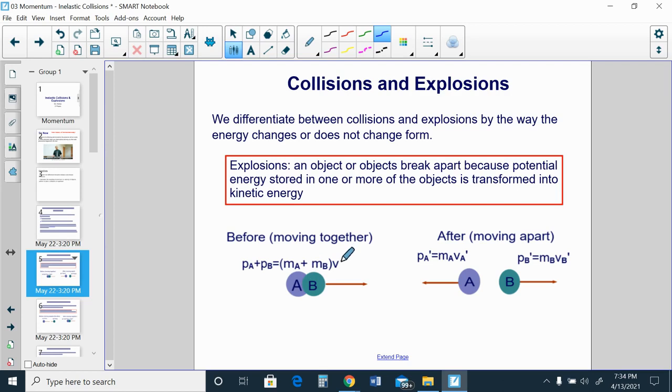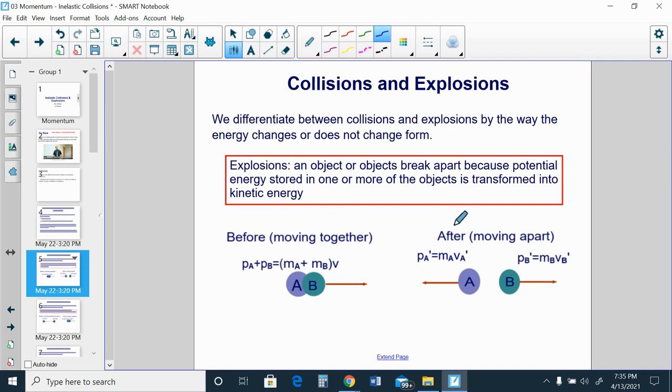So p equals mv. Individually, the momentum of A plus the momentum of B is equal to mv, but m is the sum of the mass of A and B since they are stuck together. So they are considered one mass in that way. Now, this is before they move apart, so they're moving together here.